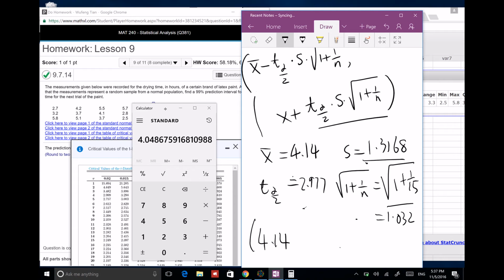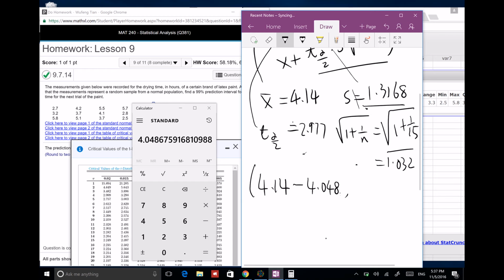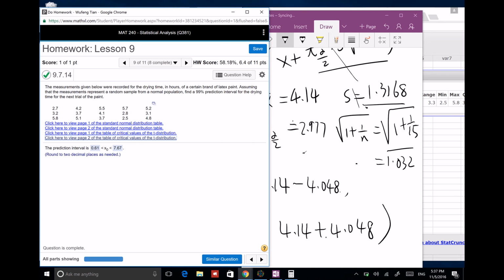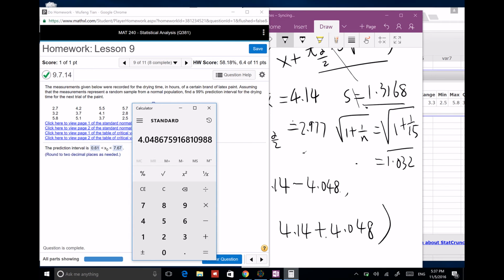You plug everything into this formula, and you get 4.14 minus 4.048 and 4.14 plus 4.048. Okay, so let's see what the final answer is. Let's do plus first: plus 4.14 gives us 8.1.